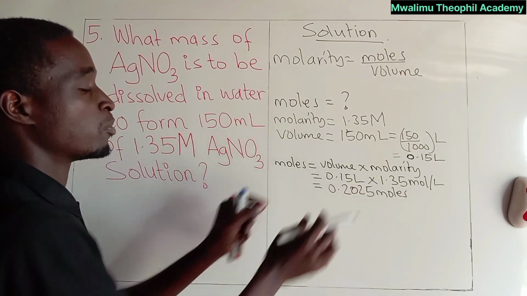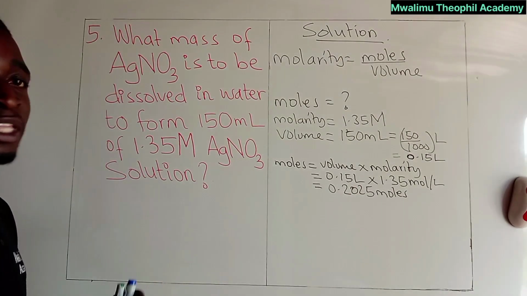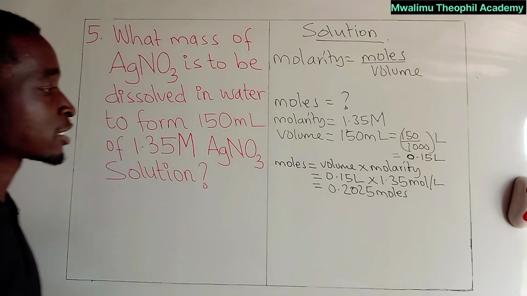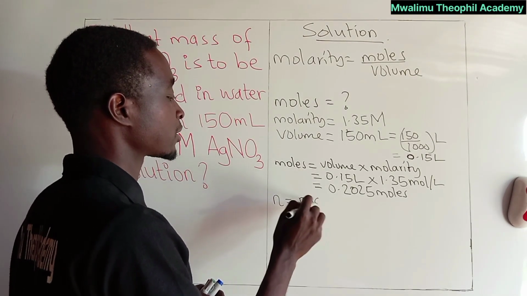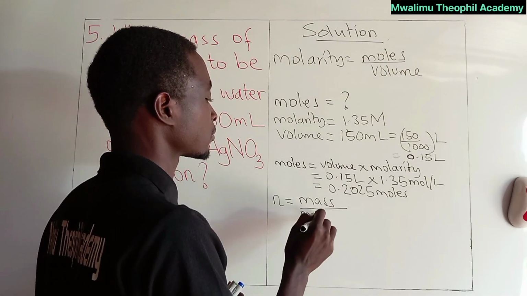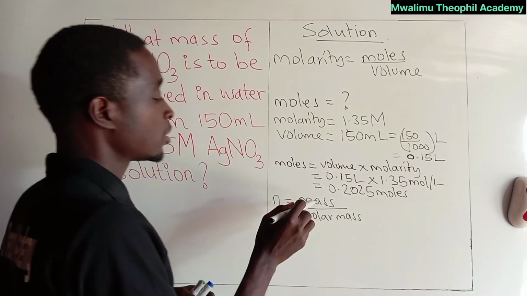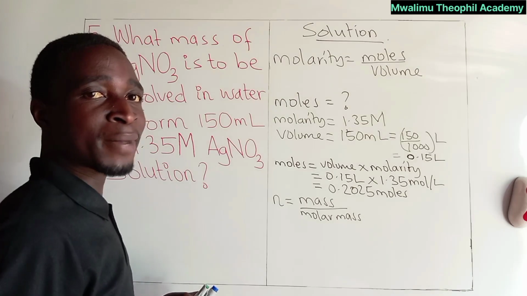After we've obtained the number of moles, now we are in the position of being able to calculate the mass of silver nitrate. How do we get mass? We know that number of moles is equal to mass over molar mass. So, to get mass, we are going to take the number of moles times molar mass.